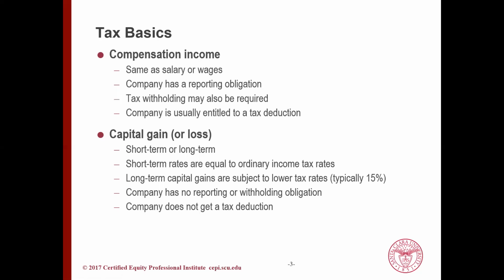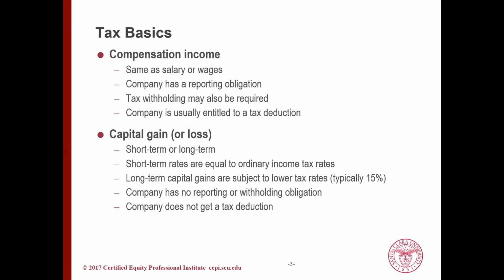The spread, or the difference between fair market value at exercise and the exercise price, is compensation income. The company has an obligation to report compensation income and, where applicable, to withhold tax on that income. When the company reports compensation, it's generally entitled to a tax deduction for the same amount that was reported as compensation income.